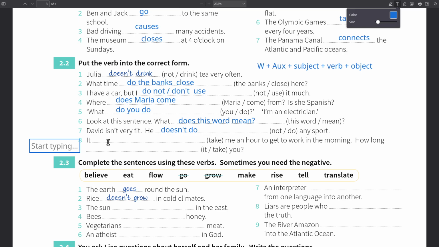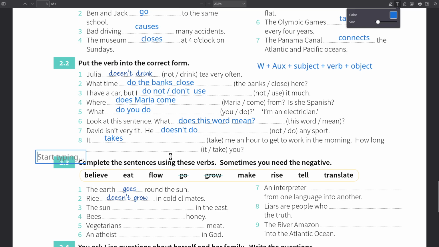Because it's a thing, we have to use takes, right? The main verb is take, and we add s at the end of the verb because we are talking about things. It takes me an hour to get to work in the morning.